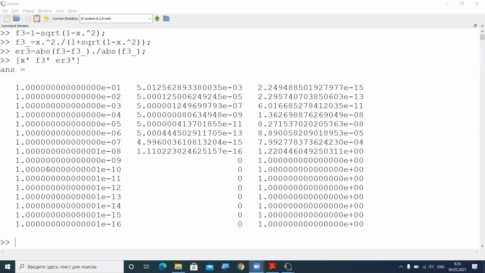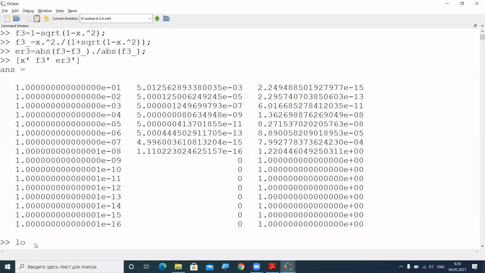Okay, now let's sketch the graph here. To sketch the graph, logically, what kind of command will we use now? Log, because here we have x as numbers with tens powers, and it will be useful to use the logarithmic scale for both axes.